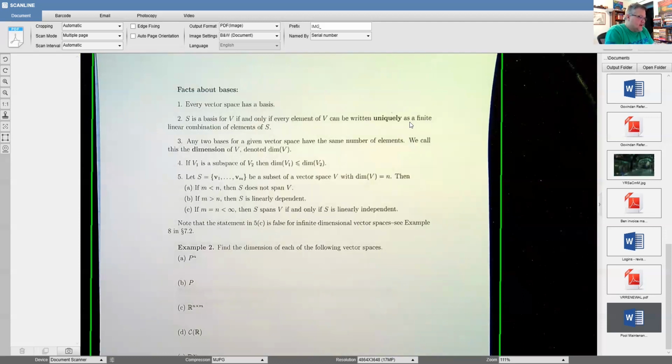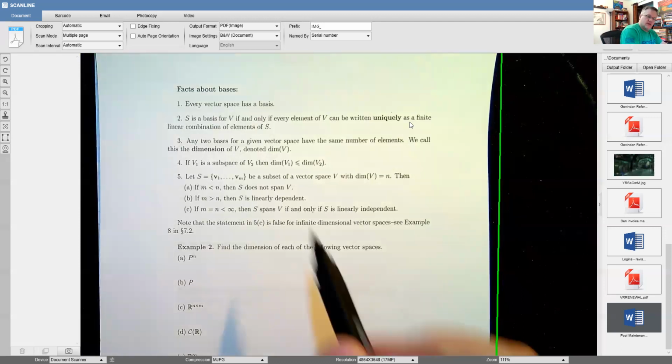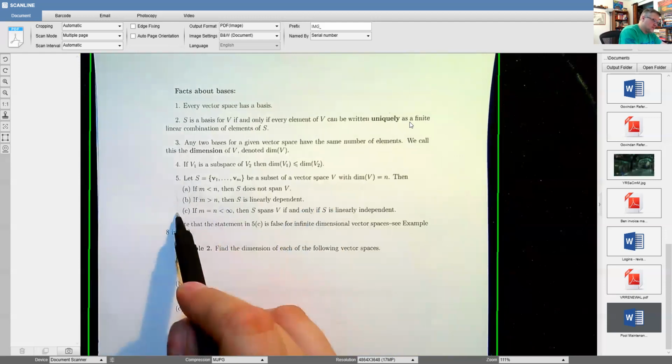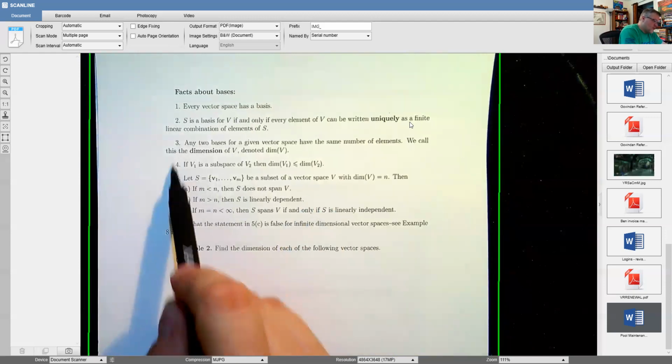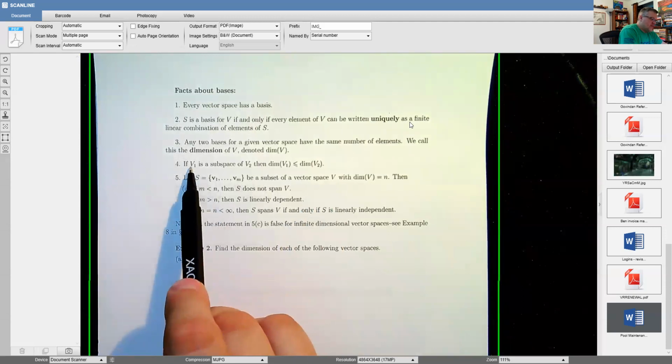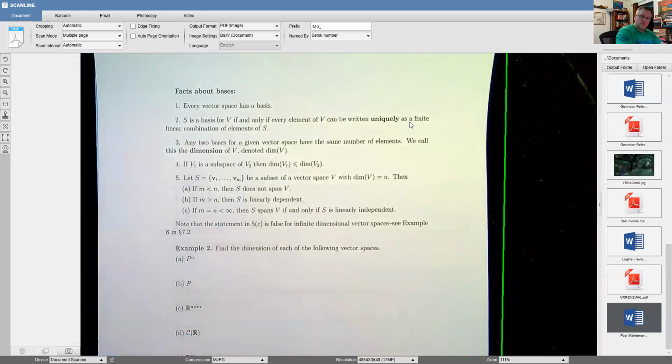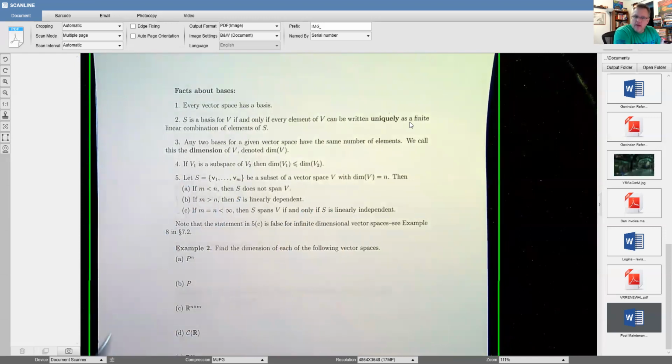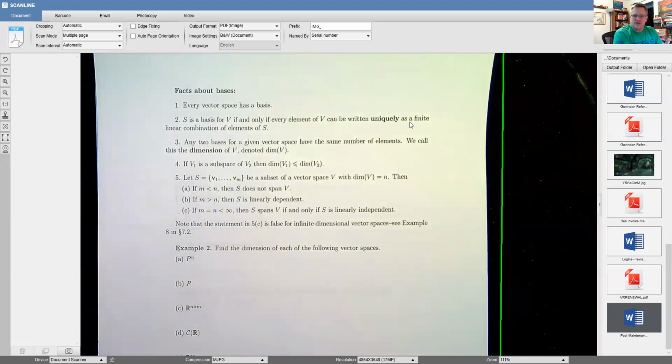All right, and then here, this is kind of important for our purposes, actually both 4 and 5. So if you have a subspace of a vector space, its dimension cannot exceed that of the space in which it belongs. And that makes sense. It's kind of like a cardinality issue, but with respect to dimension.